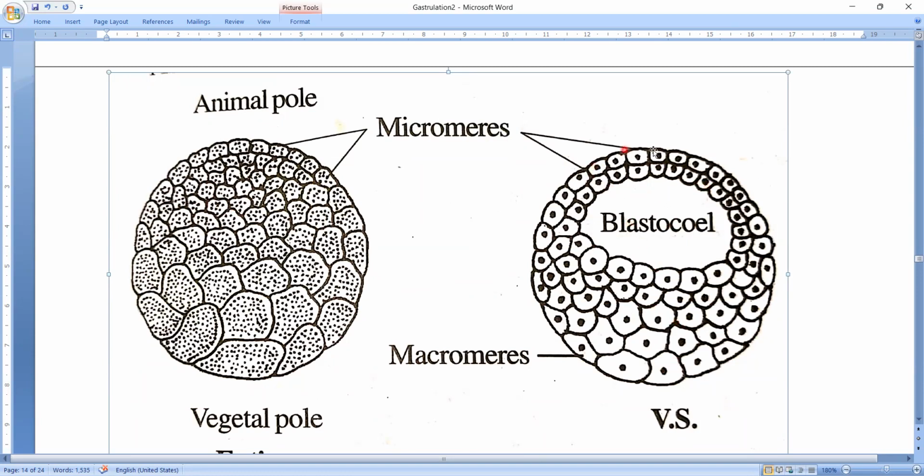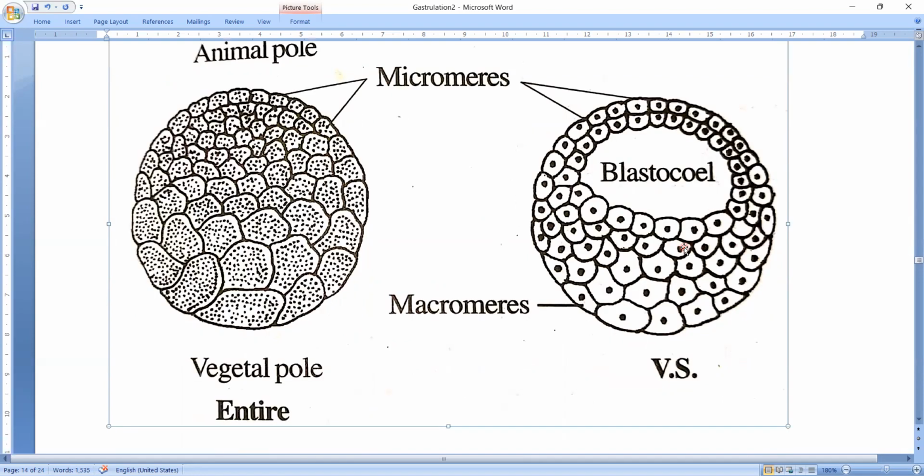Here at the animal pole only a 2 cell thick blastoderm is present, and in the lateral part and at the floor of the blastula many cell layers are present. This cavity is called blastocele, and the fluid secreted by these blastomeres is called blastocele jelly.